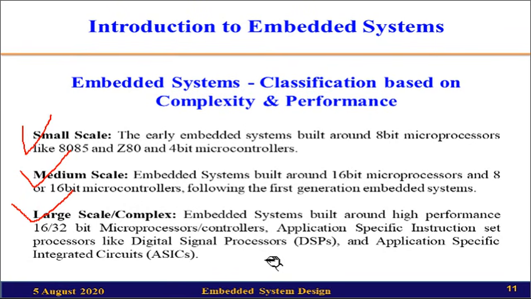So these are embedded systems built around high performance 16 or 32-bit microprocessors or microcontrollers, and we can also consider the application specific instruction set processors like DSPs and application specific integrated circuits. You can even consider the others used in the fourth generation, that is system on chips, reconfigurable processors or multi-core processors in this one.